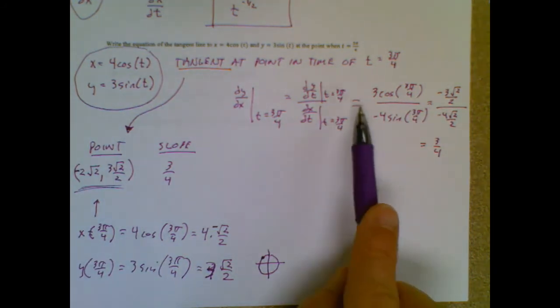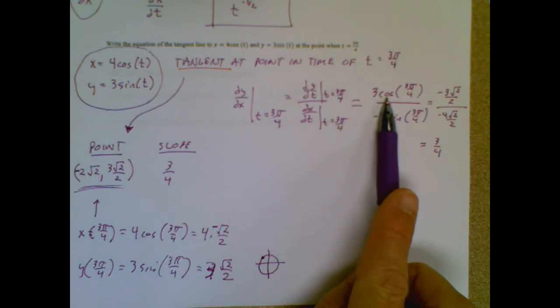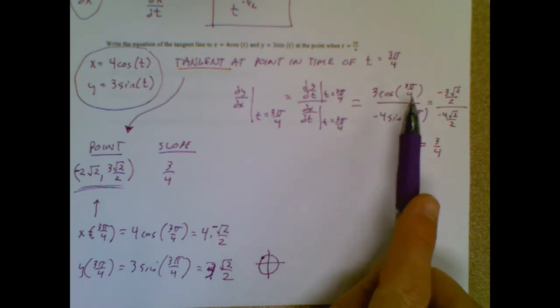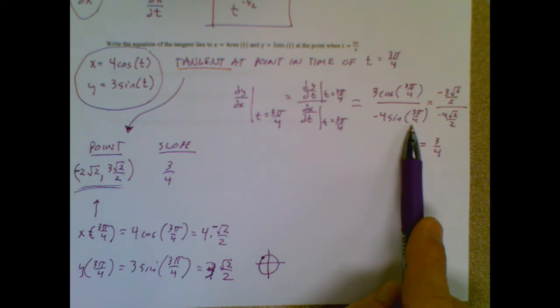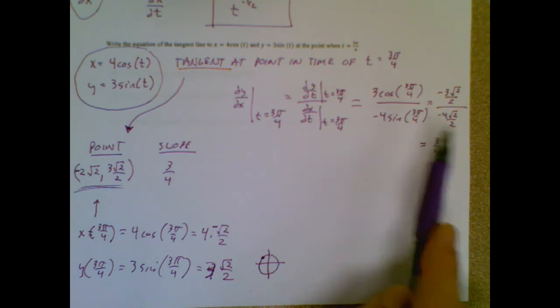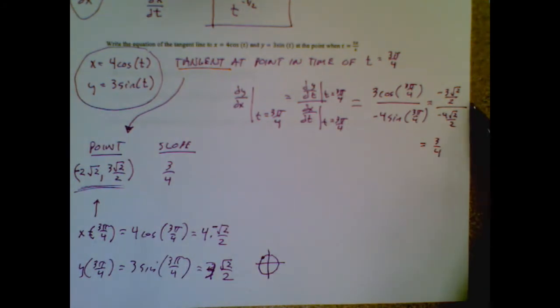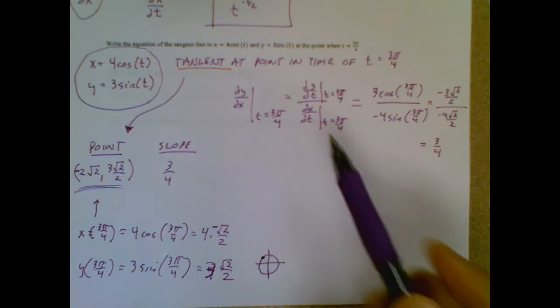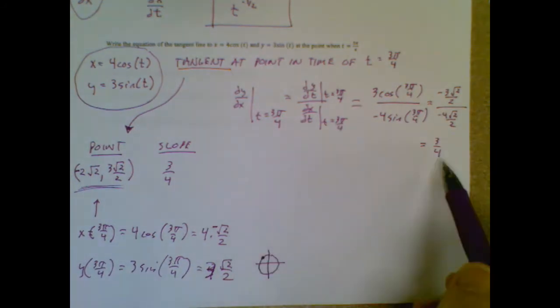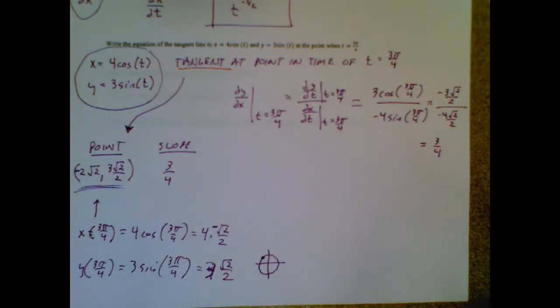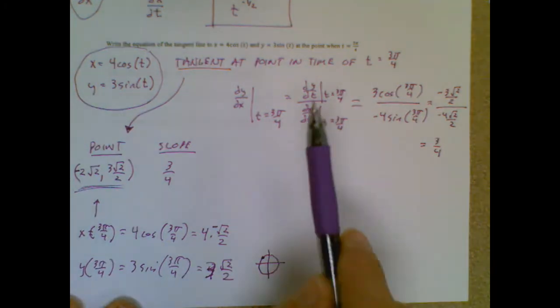My derivative of y plugged in at 3 pi over 4, my derivative of x plugged in with 3 pi over 4 gives me this big mess, but through the miracle of arithmetic reduction, it ends up equaling 3/4. So you see that there's quite a bit of possibility in here for making a mistake. And just a small pro tip, a mistake that is pretty easy to happen.